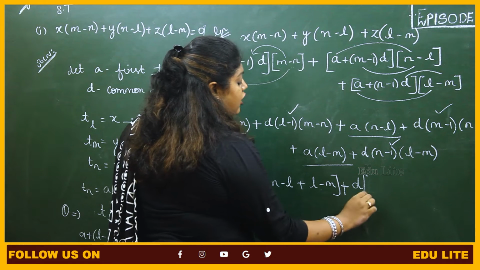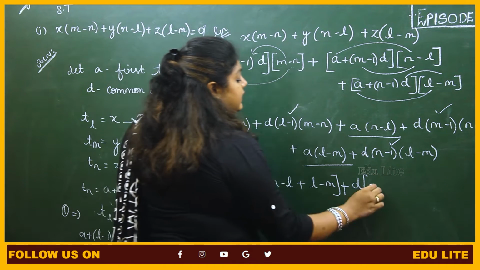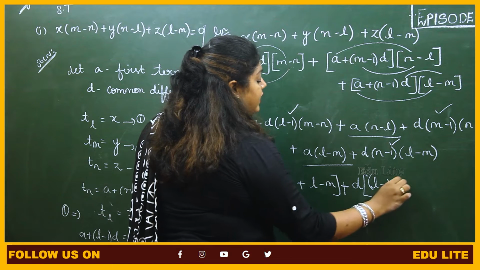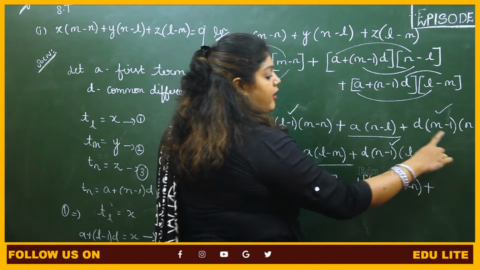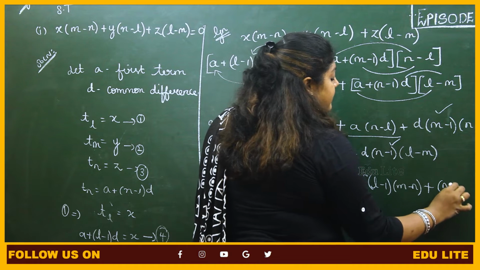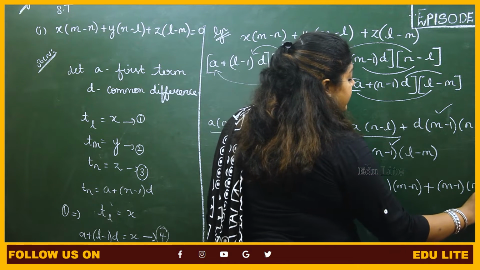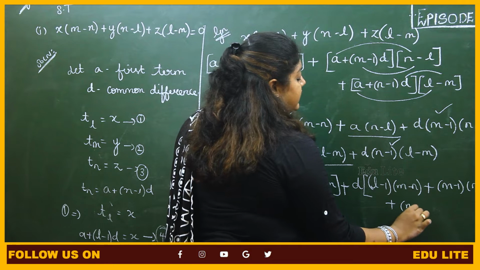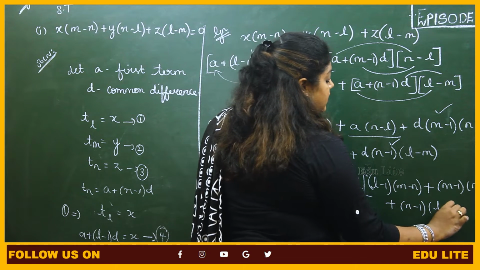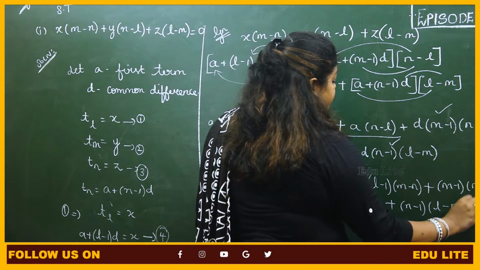So, we take d in common, and we get l minus 1 into m minus n plus, taking d in common, the remaining is m minus 1 into n minus l, and the remaining is n minus 1 into l minus m.